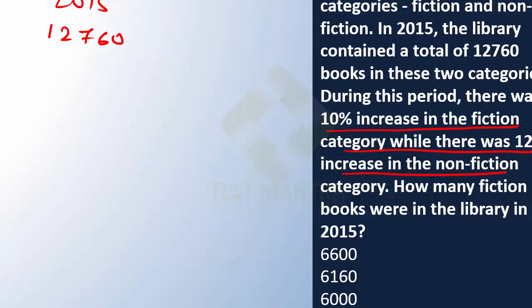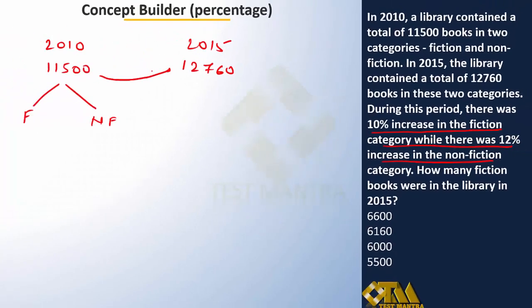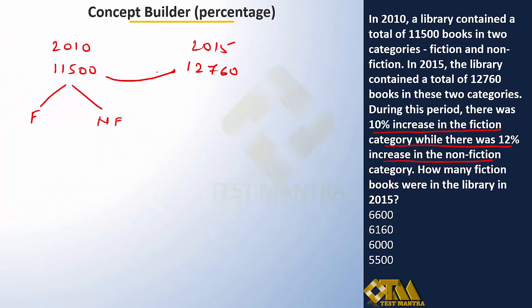Right, so first I'll find out what the overall increment is here. Also I'll do one thing, I'll just take this number only. You can also take the complete number, so take any of these.